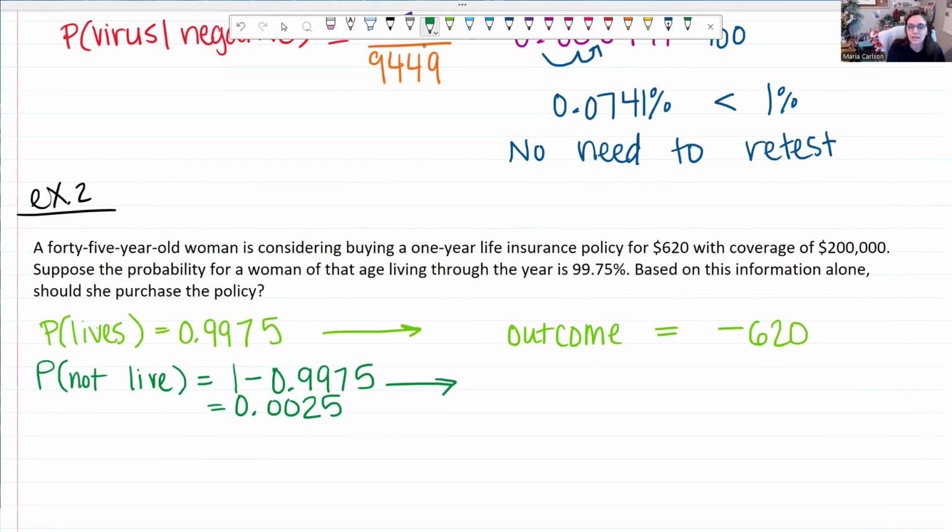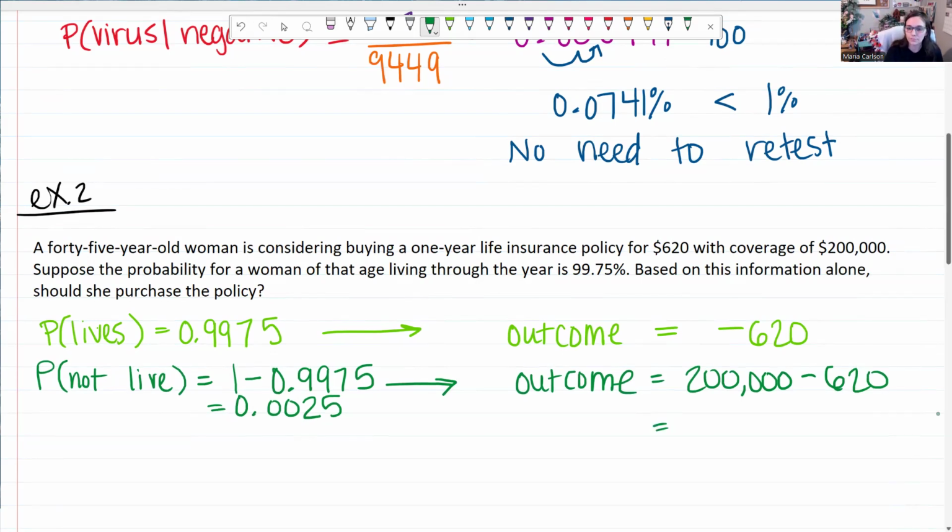Now, if she does not live, her heirs are receiving this $200,000 minus the $620 for the cost of the insurance policy for that year.